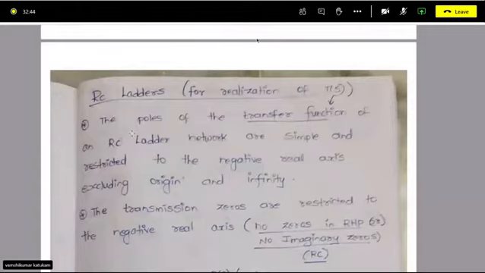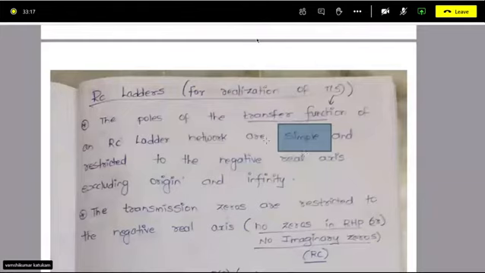There are some conditions. Now T of S is given to us. For RC ladder, what are the conditions which we have seen? The poles of the transfer function of RC ladder networks should be simple and restricted to the negative real axis. This is a common point: the poles of any transfer function should be to the left hand side, and should be simple if present on the imaginary axis.